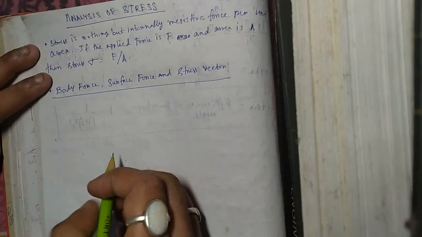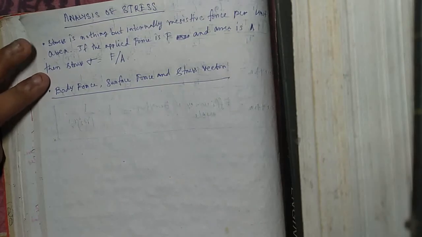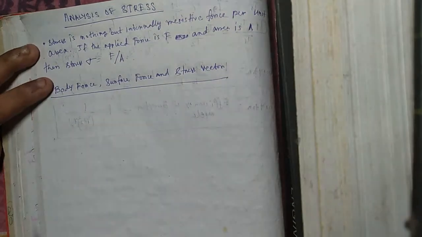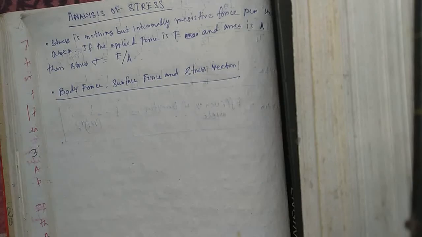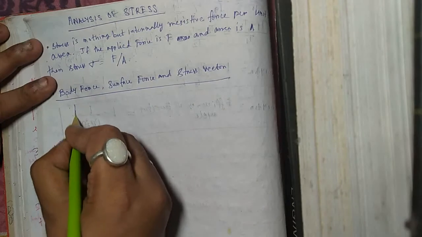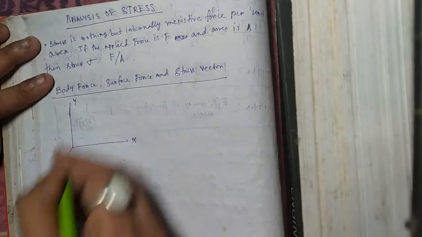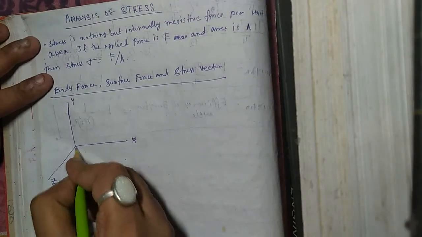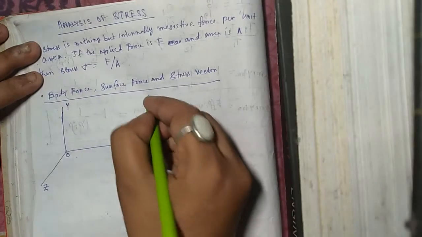At first we have to draw a diagram. Consider a body occupying a region of space referred to a rectangular coordinate system xyz. Suppose this is the coordinate system x, y, z, and this is the origin point O. In general, the body will be subjected to two types of forces.